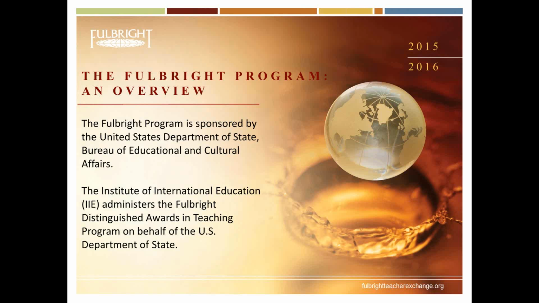It's funded by the U.S. Congress through an appropriation. It's funded each year. And IIE is an organization that administers several of the Fulbright programs. There are many, many Fulbright programs. And this particular program, the Fulbright Distinguished Awards in Teaching program, is administered by the Global Teacher Programs Division within the Institute of International Education, or IIE for short.